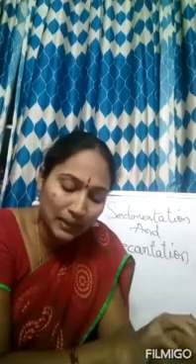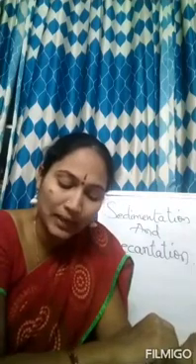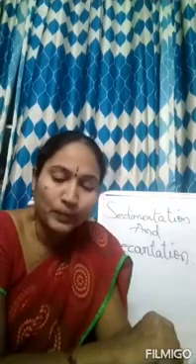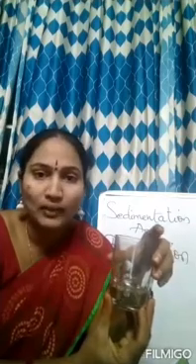Why did mud particles settle at the bottom of the tumbler? Lakshmi says that sedimentation and decantation are used at home while cleaning rice and pulses for cooking. Because they are sediments, they are not soluble in water, so they have settled at the bottom of the glass.